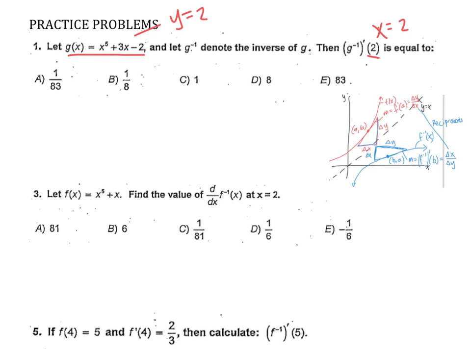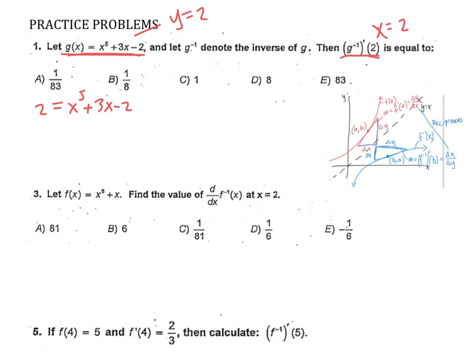And so what I want to do is calculate the derivative of my function to help me find the derivative on my inverse, okay? So what I can do here is set 2 equal to x to the fifth plus 3x minus 2. Okay, and we've got to solve for x.